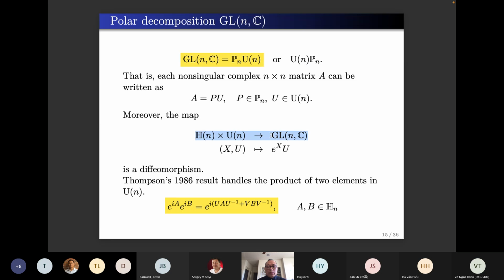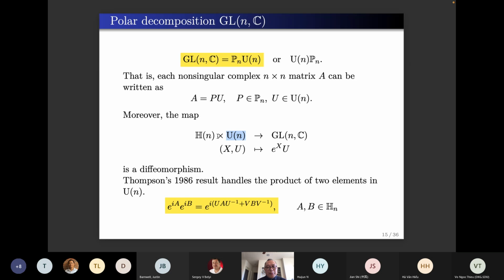So you factorize, or you break the GL into two pieces. One is H_n, another one is U_n. And so this is an ordered pair. X is from H_n and U is from U_n, and then you take the product. So this is a diffeomorphism. All right. Now GL is pretty mysterious to understand, at least the topology. But you can see GL_n(C) can be reduced, at least topologically, to the study of H_n and U_n.